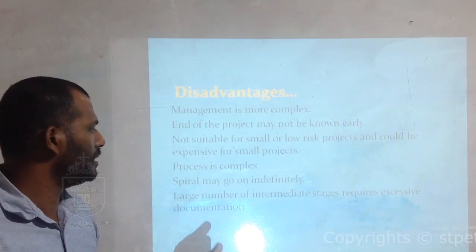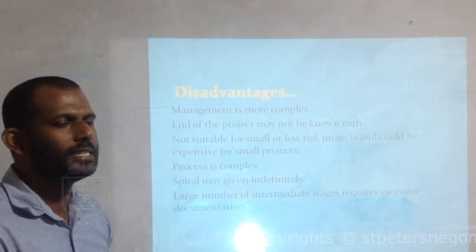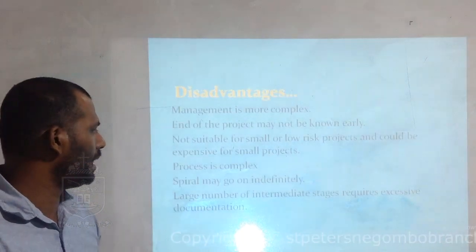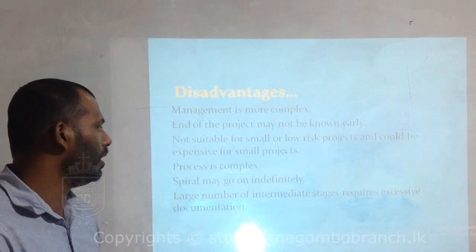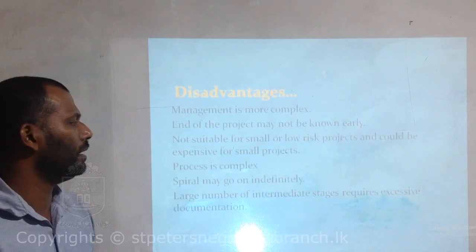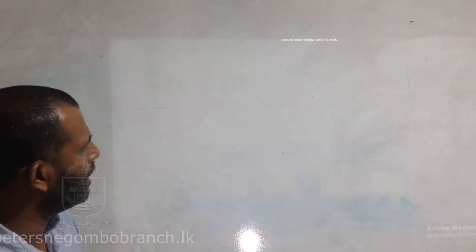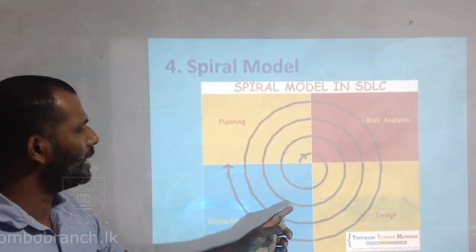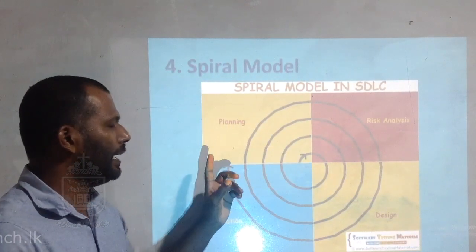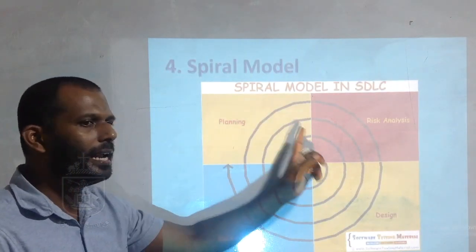The process is complex; a very complex process goes on in this model. The spiral may go on indefinitely. Your spiral can move up indefinitely. It is never ending.